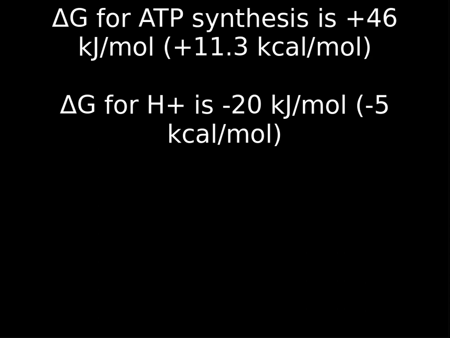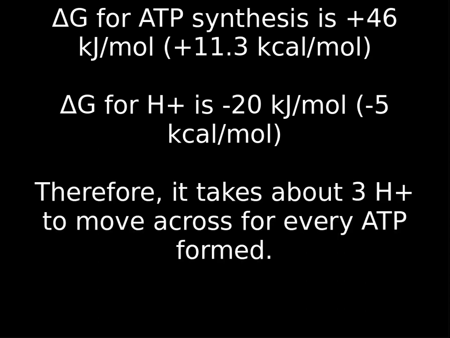It's going to give you about negative 20, excuse me, to get a proton back down this negative 220 millivolt gradient. Therefore, it takes about 3 protons to move across for every ATP formed. Now, it's not exactly a whole number if you divide those out. It's like 2 and then you have a lot of change, because then it's only like 6 kilojoules per mole left. So actually, that third you're not actually using well.